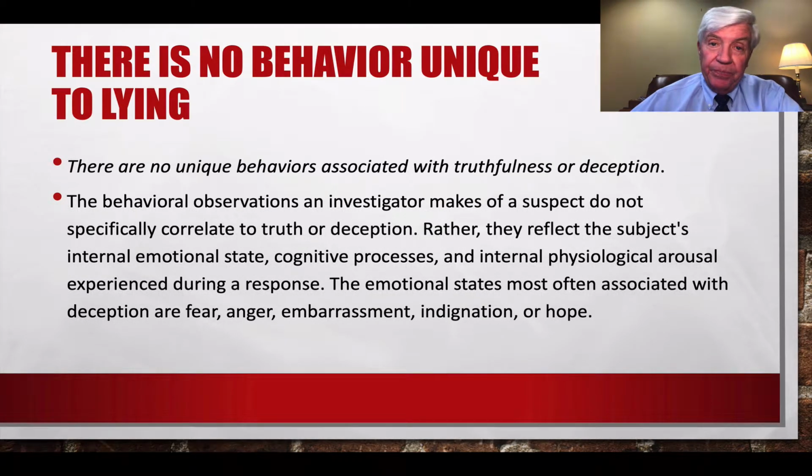Number 1, understand that there are no unique behaviors associated with truthfulness or deception. The behavioral observations an investigator makes of a suspect do not specifically correlate with truth or deception, but rather they reflect the subject's internal emotional state, cognitive processes, and internal physiological arousal experienced during the response.